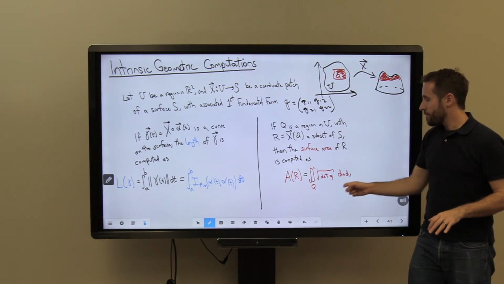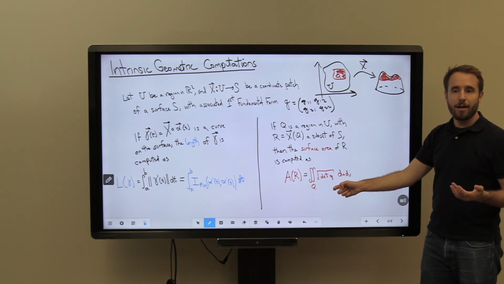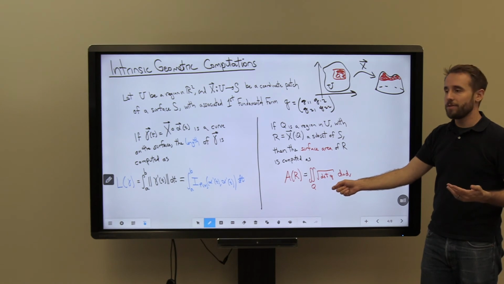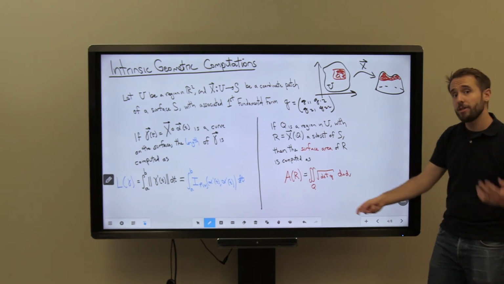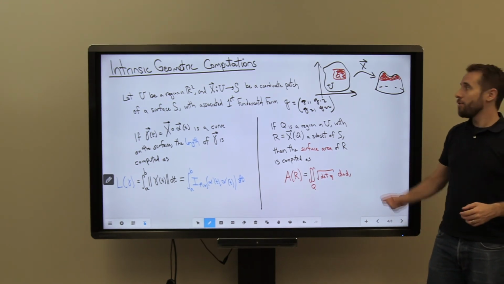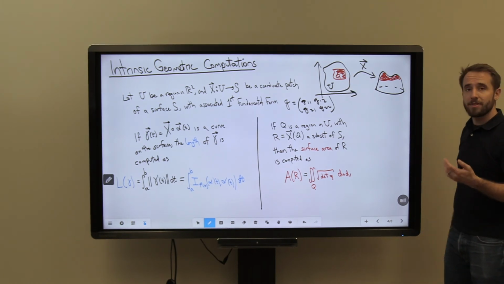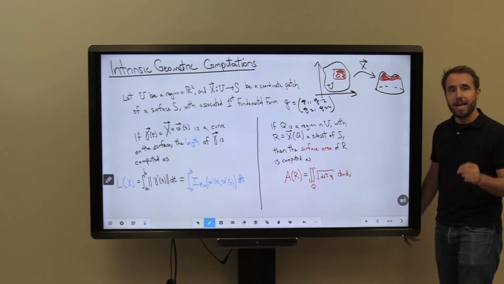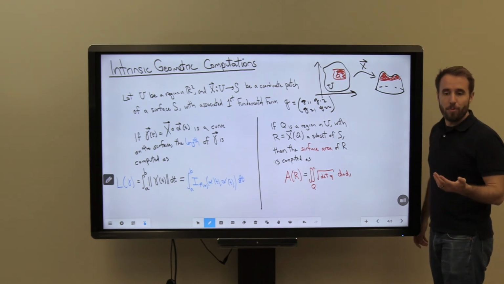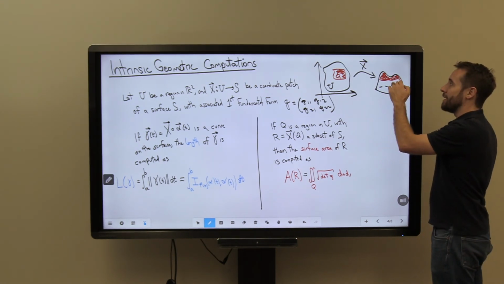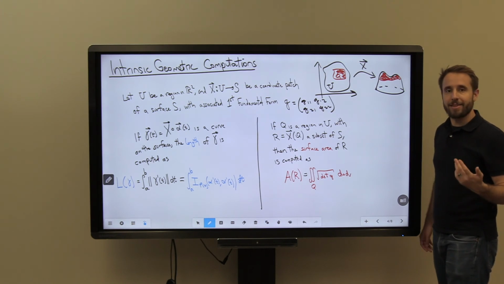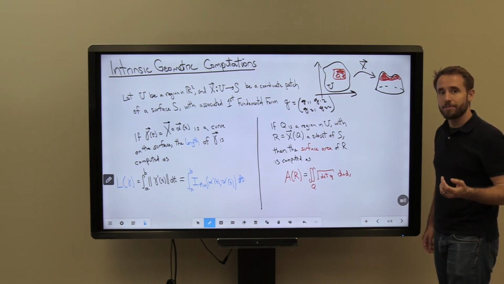Now, to compute this, this will be a double integral, which will involve some multivariable integration, but we are integrating over just a subset of a two-dimensional space. So this is just a subset of R2, and so we can compute that integral in a relatively straightforward manner, and so we can get this surface integral as a result.